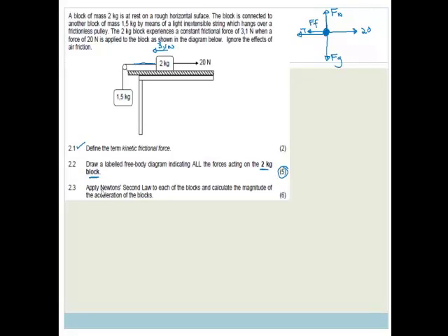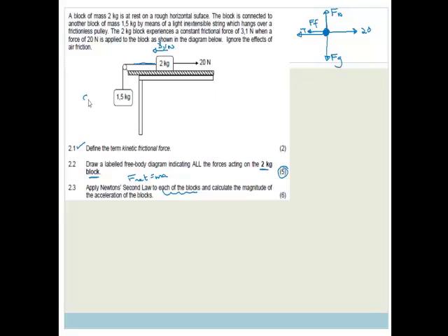Now it says apply Newton's second law, which is F net equals mass times acceleration, to each of the blocks and calculate the magnitude of the acceleration of the blocks. Okay, so here's your hint, the fact that you have to apply it to each of the blocks. So let's just draw the free body diagram for this one as well.